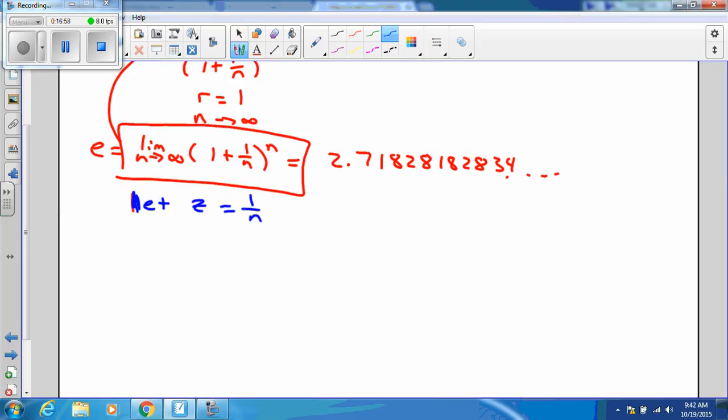Let z equal 1 over n. And what I'd like for you to do now is to take this substitution right here and rewrite e in terms of z. e equals the limit as z goes to what of what? Go. Yes, sir.